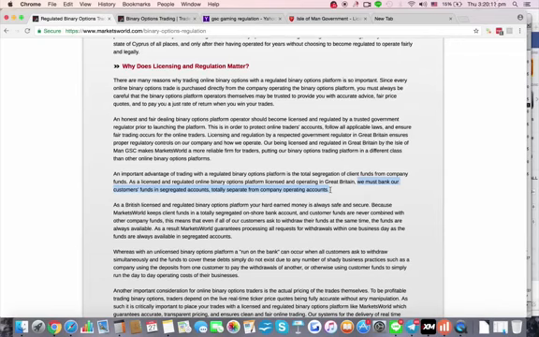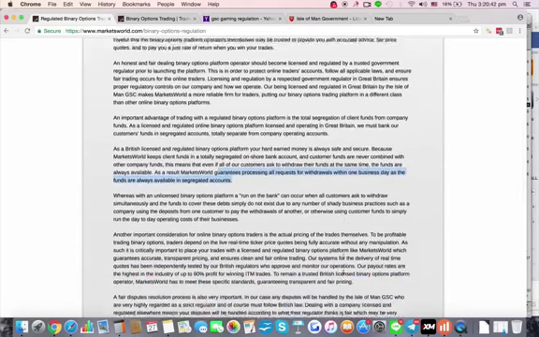Possibly CySec doesn't have this, otherwise, if you watch my recent video, they wouldn't have got to the point of suspending a couple of other brokers for not having the adequate funds to capital ratio. Alright, so they say that they keep their clients' funds in a segregated offshore bank account, and they never combine them with other company funds. And even if their customers withdraw the funds all at the same time, they're always available. So they guarantee to process all requested withdrawals within 1 business day, and funds are always available in segregated accounts.